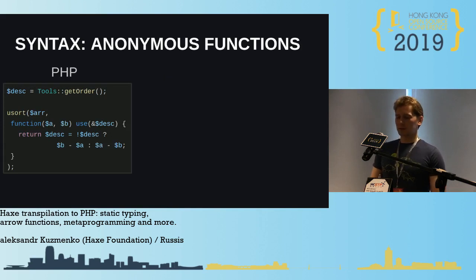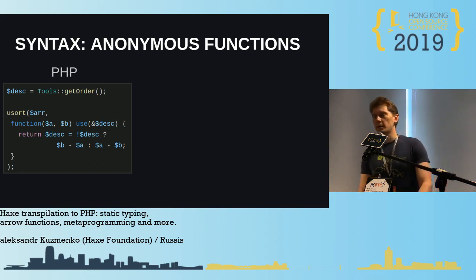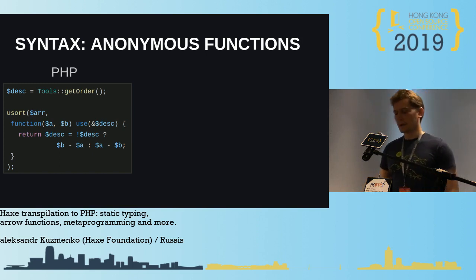Now I'd like to mention some syntax differences, which maybe are not so familiar for PHP developers. For example, here is how you write an anonymous function to manually sort the array.